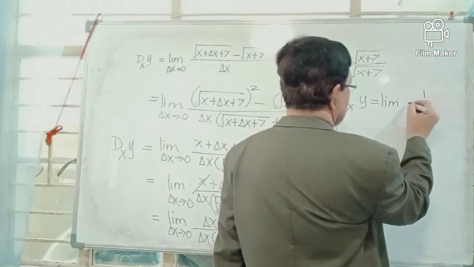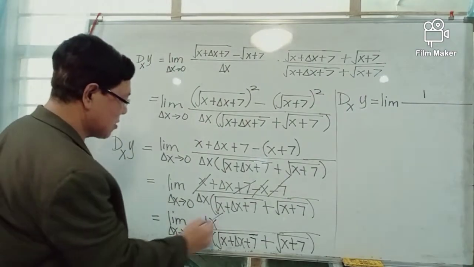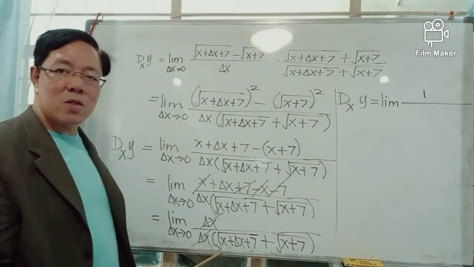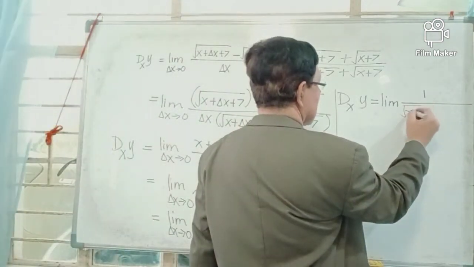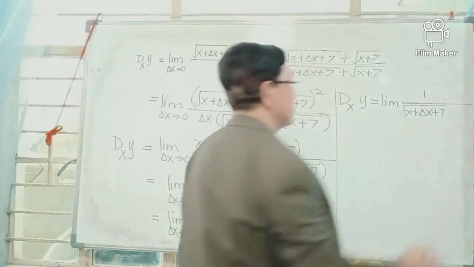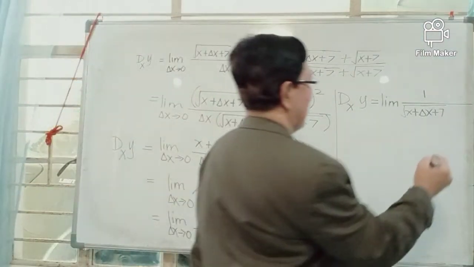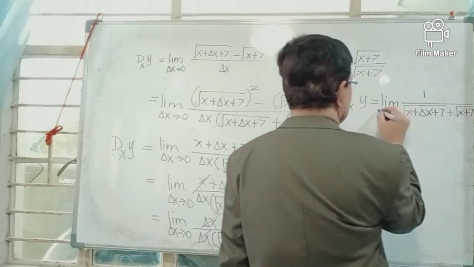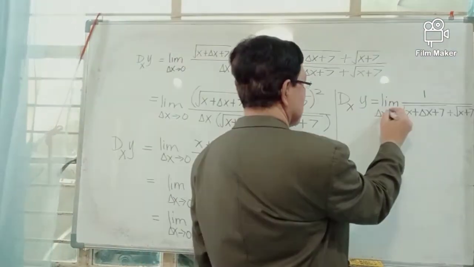over, with delta x cancelled out, the sum in the denominator, square root of x plus delta x plus 7 plus the square root of x plus 7, and we take the limit of this as delta x approaches 0.